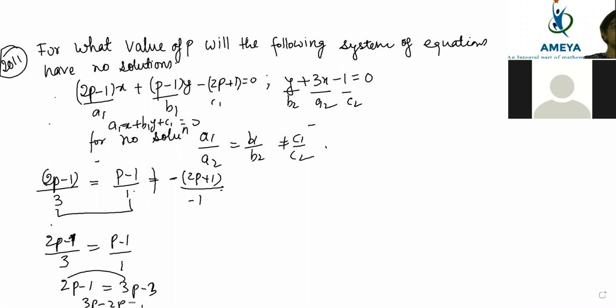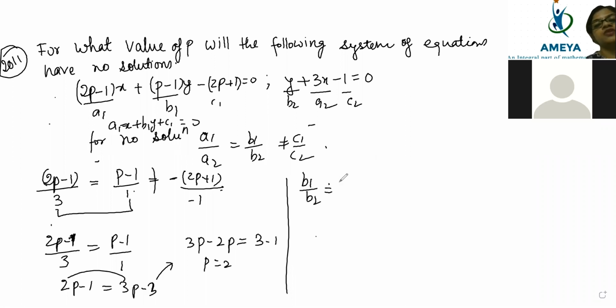Then this 3 will shift this side. Now this will become 3P minus 2P equal to 3 minus 1. So P is equal to 2. This case came when you are taking A1 by A2 is equal to B1 by B2. But for which value it will not be there, so we will be seeing second and third also.